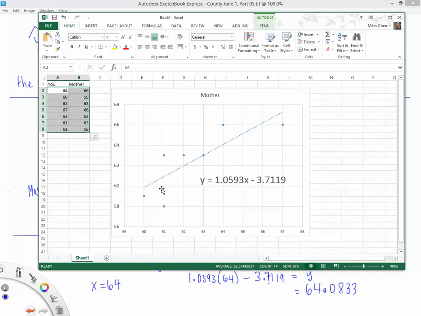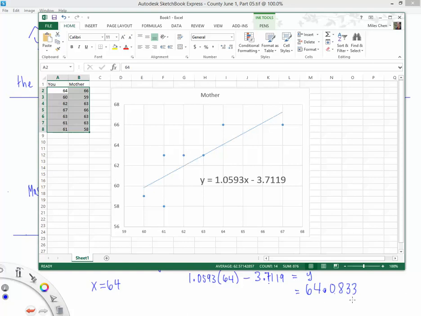We're going to use this line to make a prediction for someone who is 64 inches tall. Based on this, what do we predict the mother's height to be? We plugged 64 in for x, and it spits out 64.0833. Does that make sense? So y hat is our prediction.